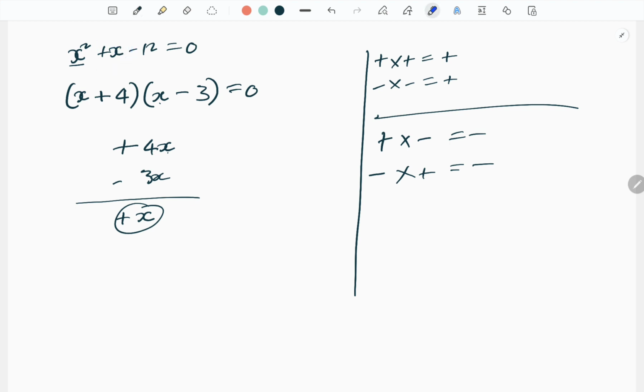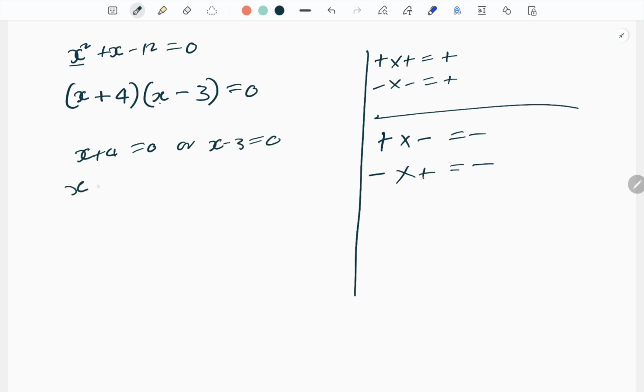So you can check that the factors you have come out of the brackets balance the equation. If that's fine, then you can proceed to solve for x. So x plus 4 equals 0, or x minus 3 equals 0, and then x equals negative 4, or x equals 3. So this is the answer for the first question.